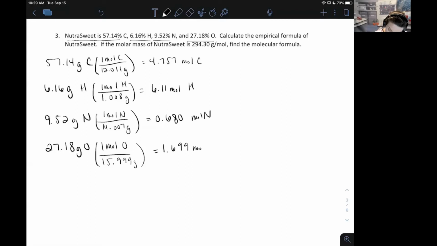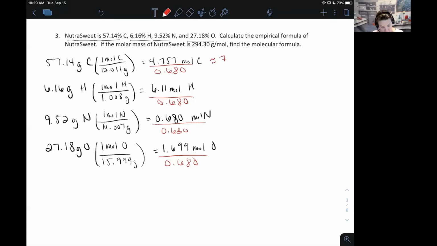1.699 moles of oxygen. Our smallest mole here again is nitrogen, so we'll divide everything by our number of moles of nitrogen, 0.680. When we take 4.757 divided by 0.680, we get approximately 7.